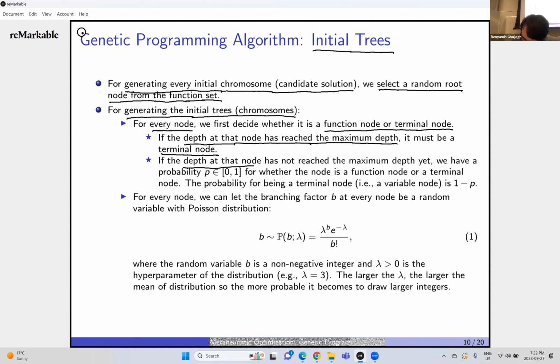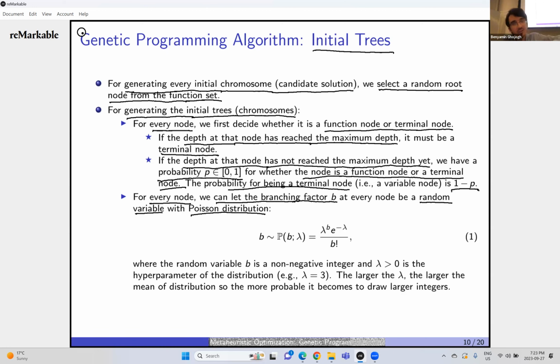If the depth at that node has not reached the maximum depth yet, we have a probability P, between 0 and 1, for whether the node is a function node or a terminal node. And this probability P is a hyperparameter. Of course, the probability of being a terminal node is 1 minus P. Clear?